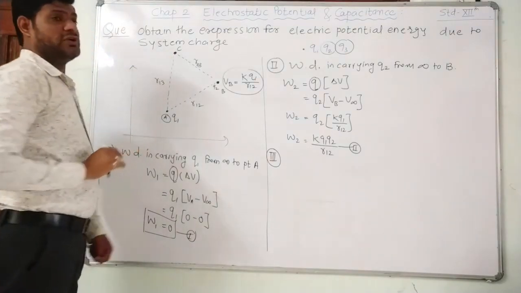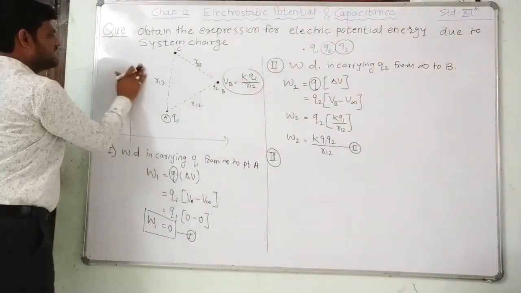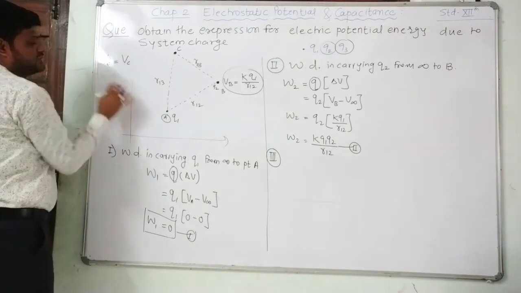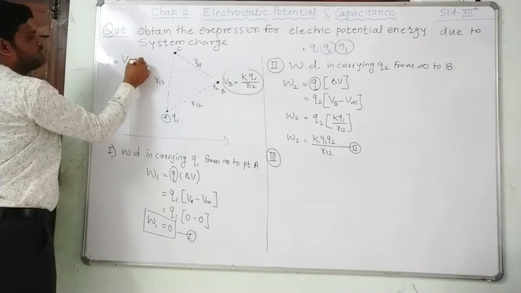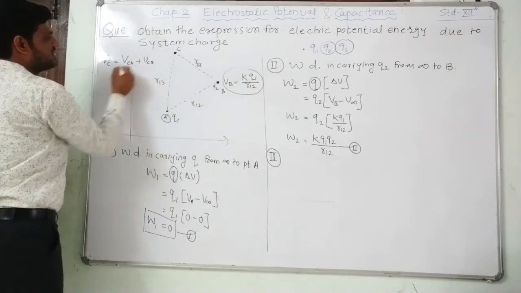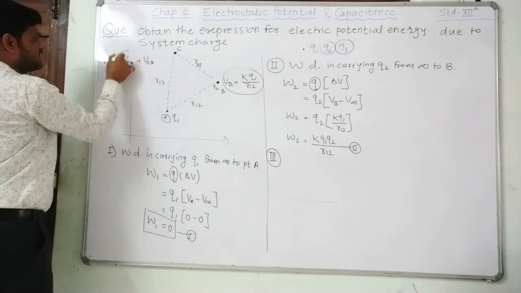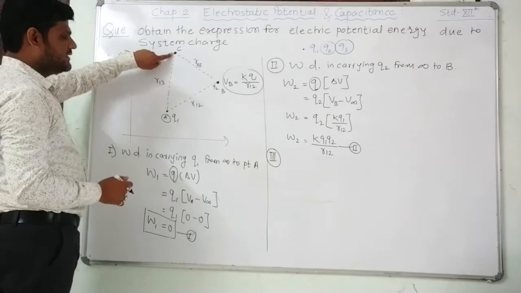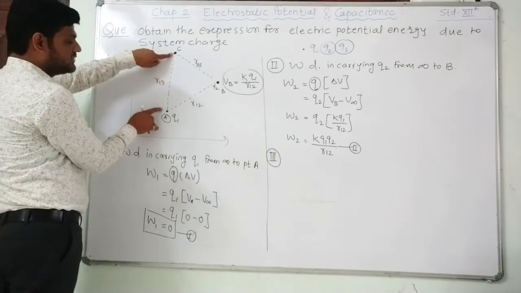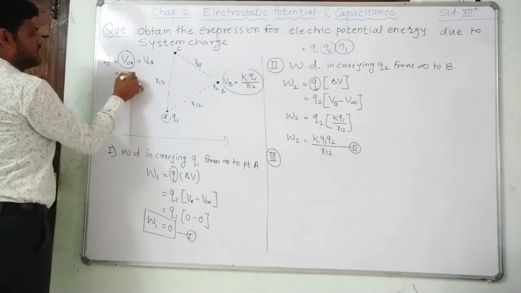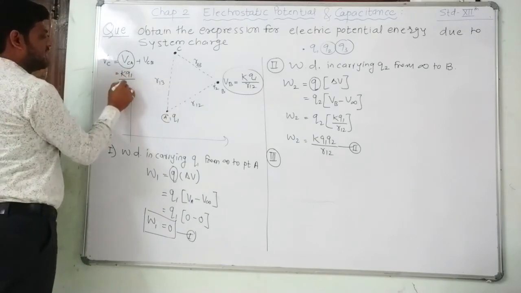So what is the potential of point C? That we can easily calculate. The potential of C due to A and the potential of C due to B, that we can write. So what is the potential of C due to A? At point C, the potential due to the Q1 charge will be K Q1 divided by R13, the distance between them.